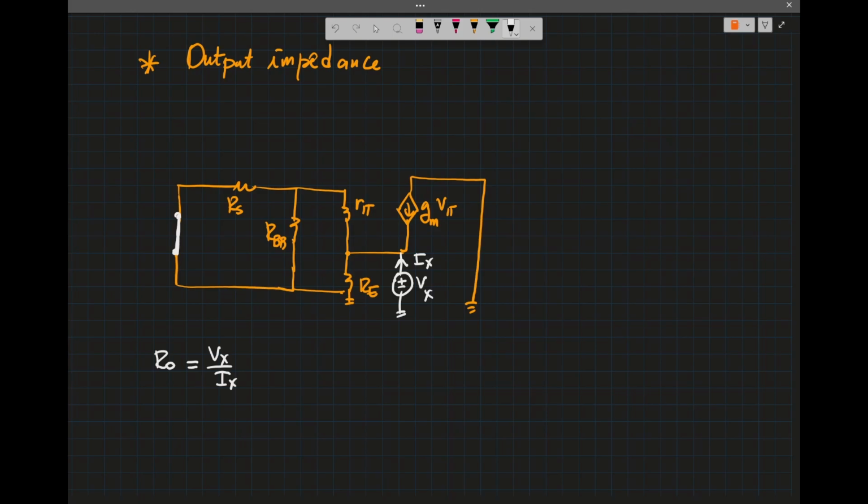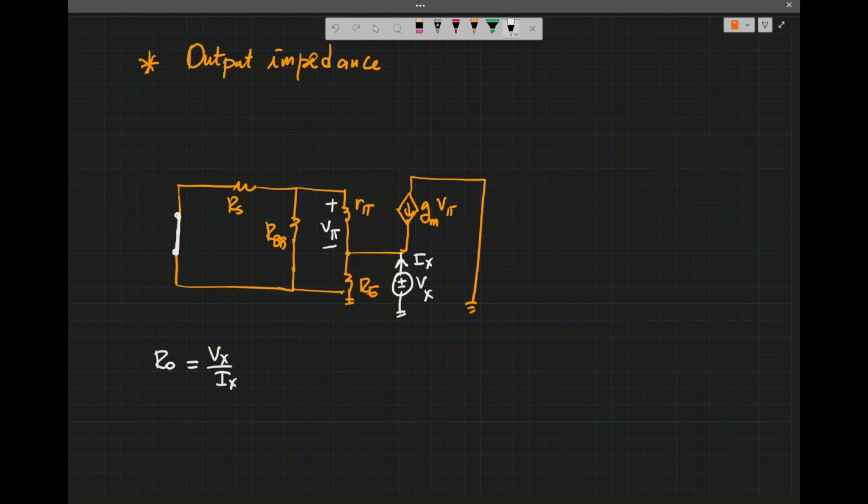I still have V pi there. So I will write KCL at our node and find the current Ix.